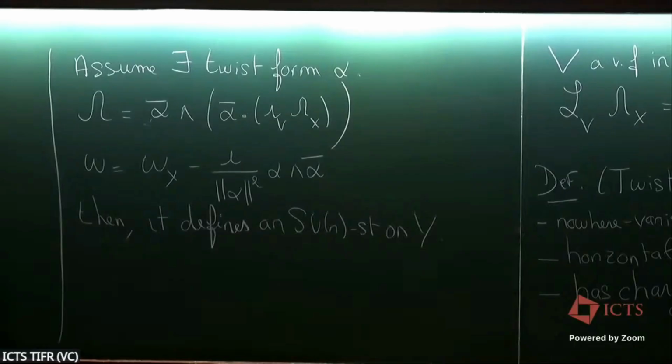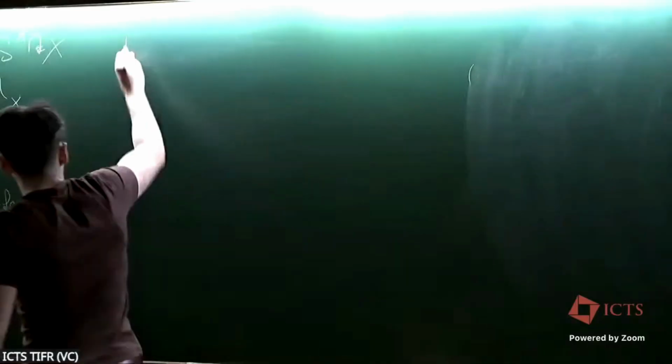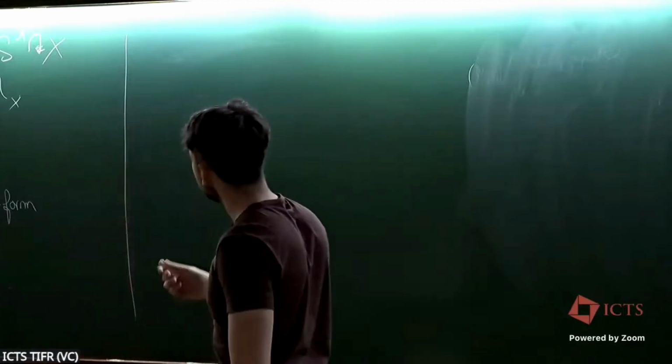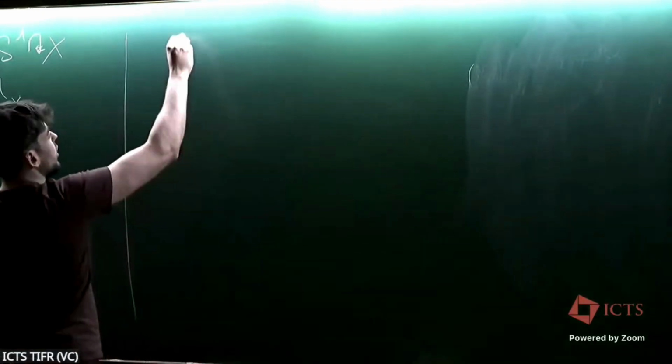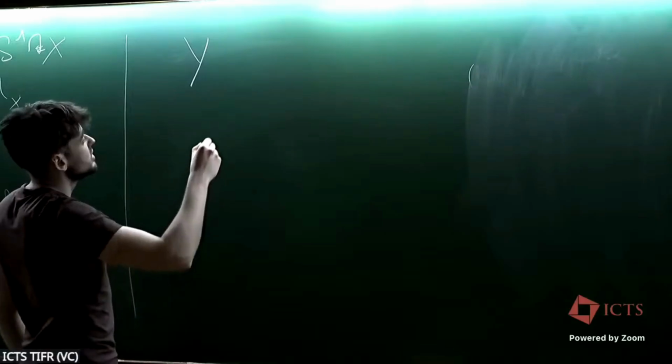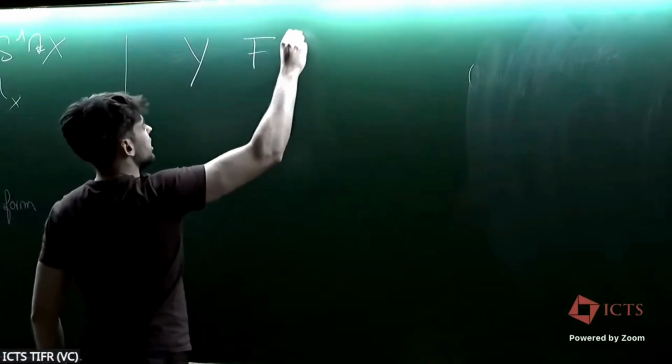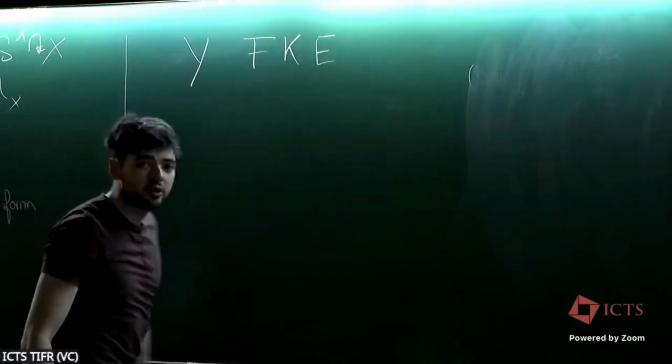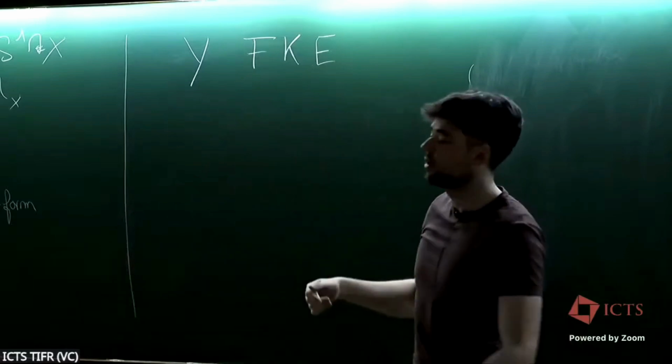Okay. And so now I'd like to present an application of this theorem in the case of Calabi cones that Evelyn talked about yesterday. So let me recall briefly the setup. I start with Y, which is a Fano-Kähler-Einstein manifold. Fano means that the anti-canonical bundle is ample.